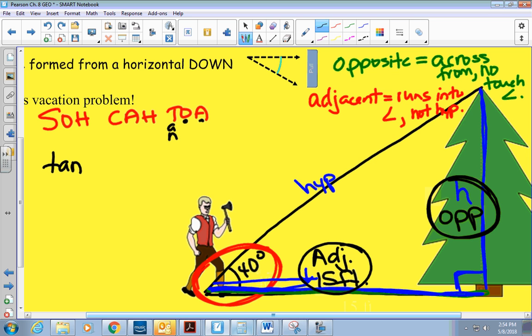Brianna, what's our angle? 40 degrees. We can't use the 90 because we will never have a problem where the 90 degrees is our angle. That will never happen. So tangent of 40 degrees is the opposite side, H, over the adjacent side, 15.